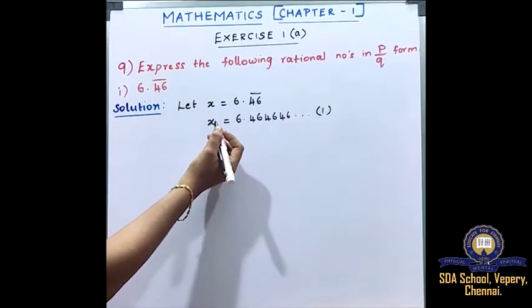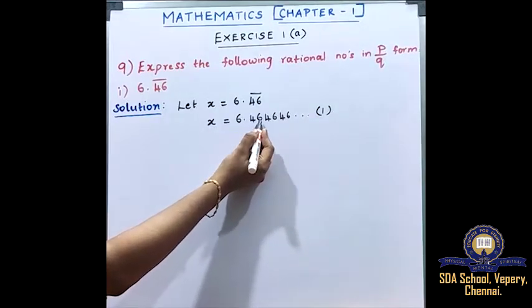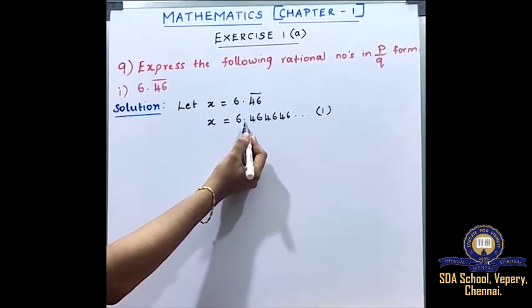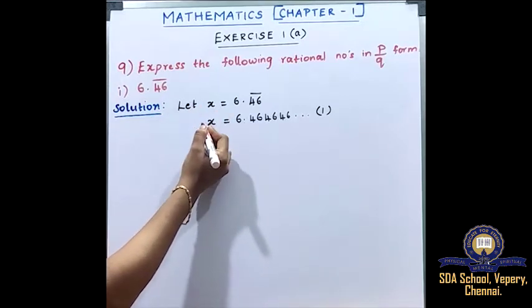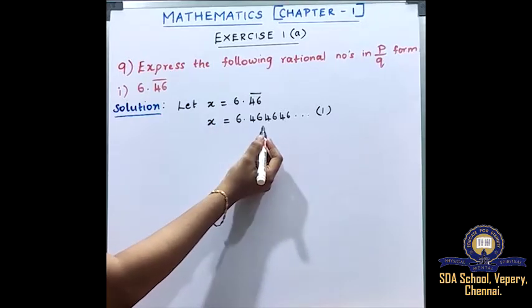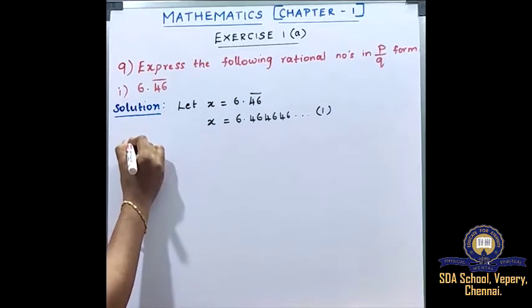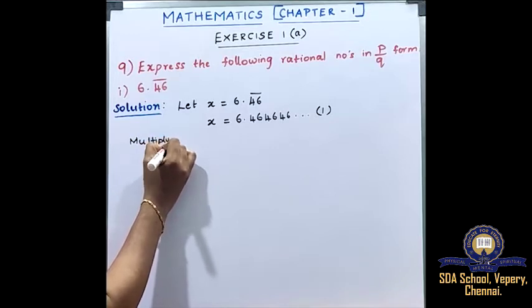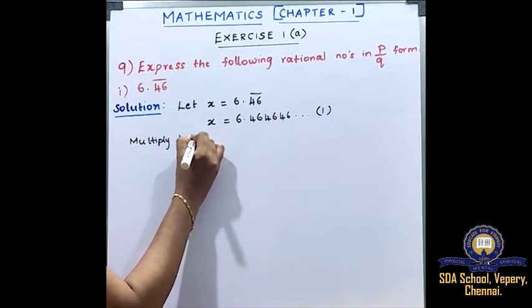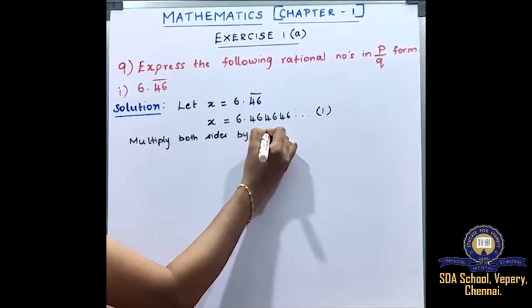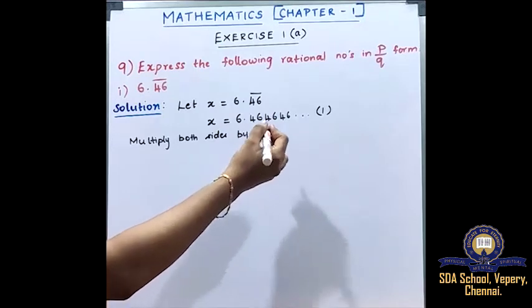Now since 2 digits are repeated, you are going to multiply both sides of the equation by 10 power 2, which is nothing but 100. So multiply both sides by 100.